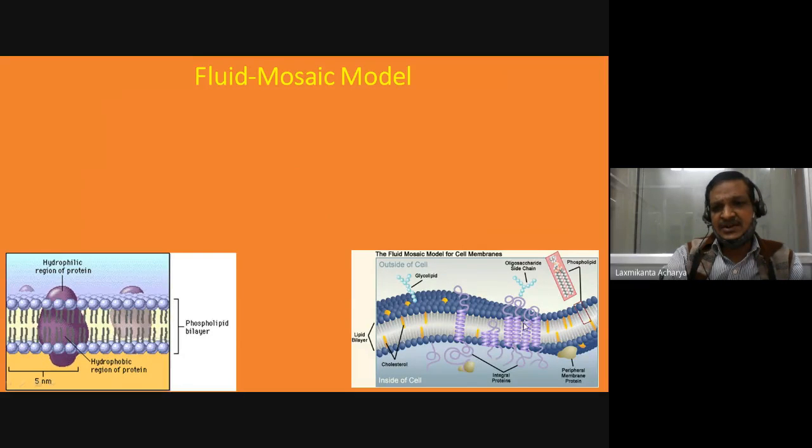In this model you will find that these proteins are associated with certain carbohydrates, like these oligosaccharides, and these cholesterol molecules are also there. These are your glycolipids, lipids attached to carbohydrates. Similarly, you can have glycoproteins, right?